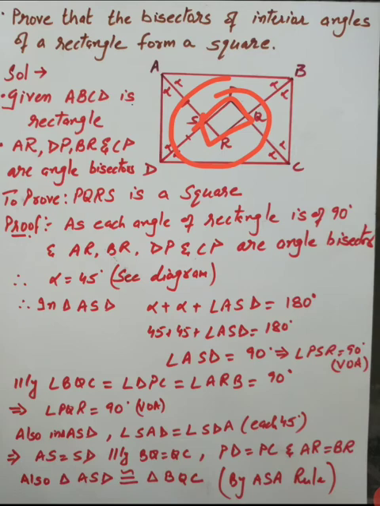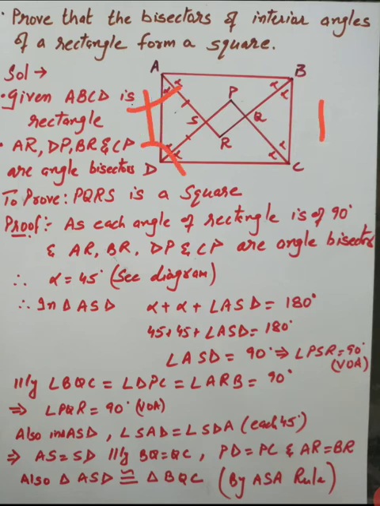Now we need to prove only that its sides are also equal. Opposite sides are equal, but we need to prove that PS is equal to PQ and SR is equal to RQ. To prove this, firstly I'll prove that triangle AST is congruent to triangle BQC. See here, AD is equal to BC.